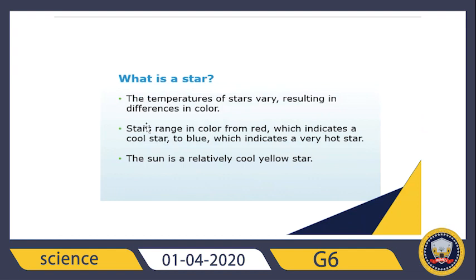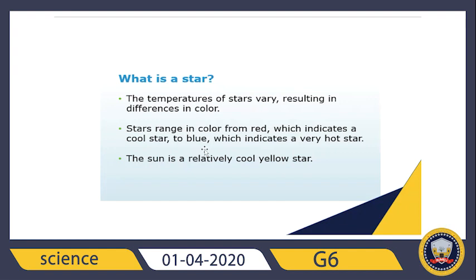What about the temperatures of stars, guys? The temperatures of stars also vary, and this results in different colors. Actually, stars range in color from red to blue. The red color indicates that the star is cool, while the blue color indicates that the star is hot.